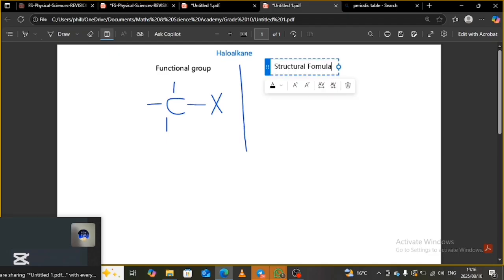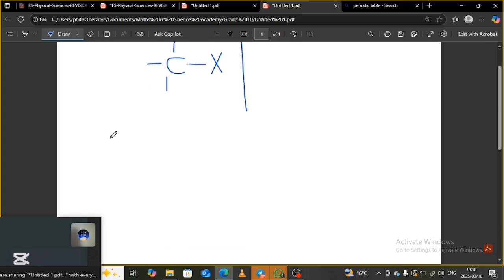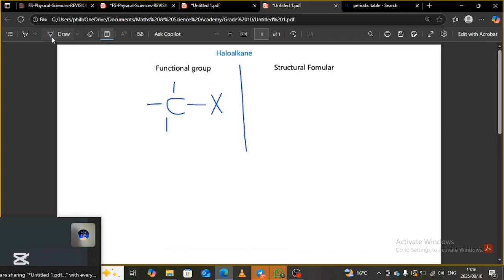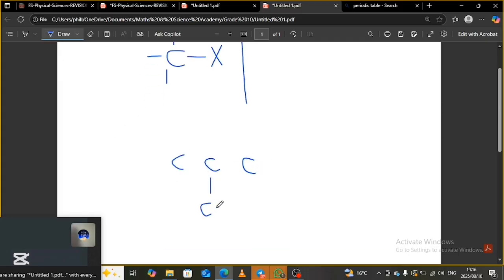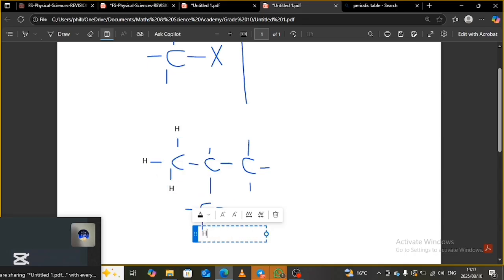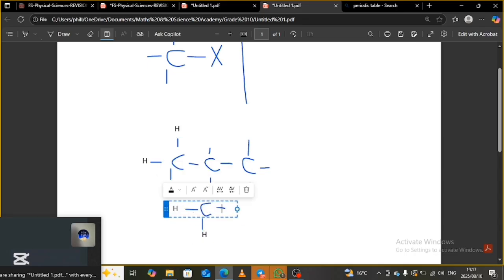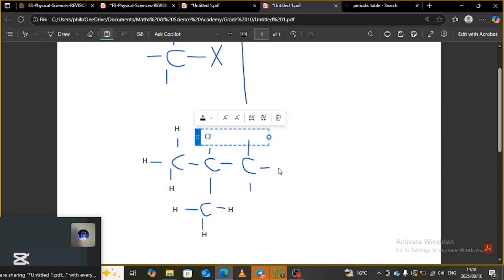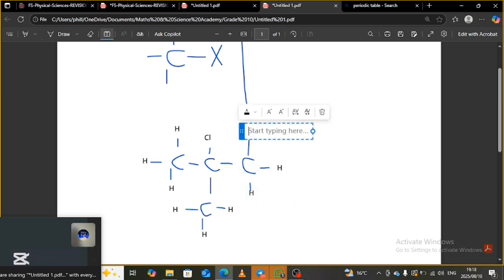Now looking at the structural formulas, the structural formula actually represents the structure of any homologous series. So whenever you are asked to draw a structural formula, you just draw the structure of a certain organic compound.